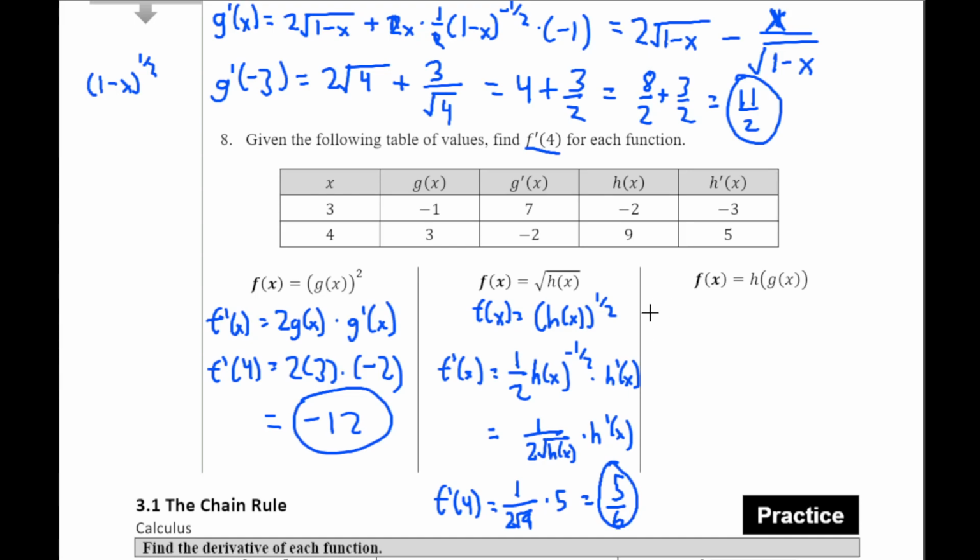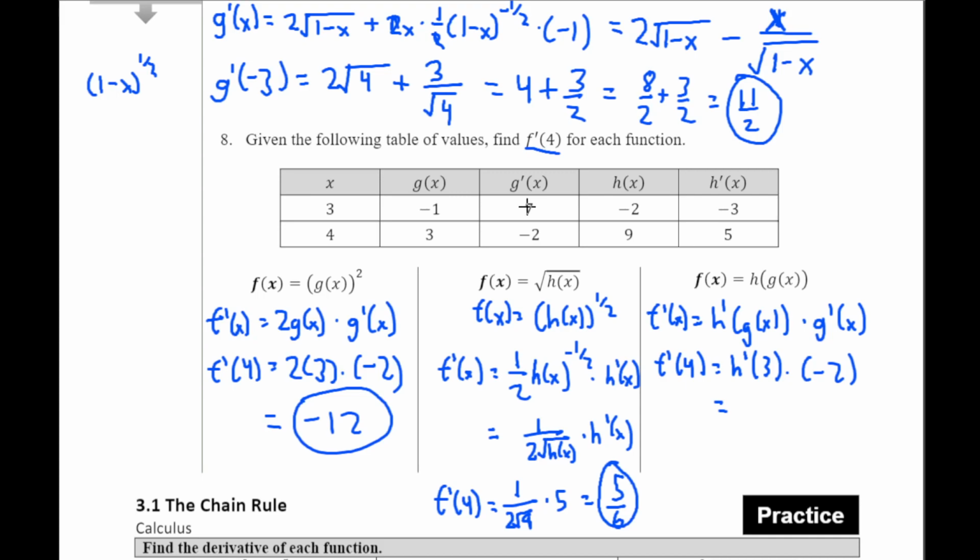Last one right here. F prime of x is equal to h prime of g of x times g prime of x. So f prime of 4 is equal to h prime of, well, g of 4 is equal to 3, times g prime of 4, which is negative 2.